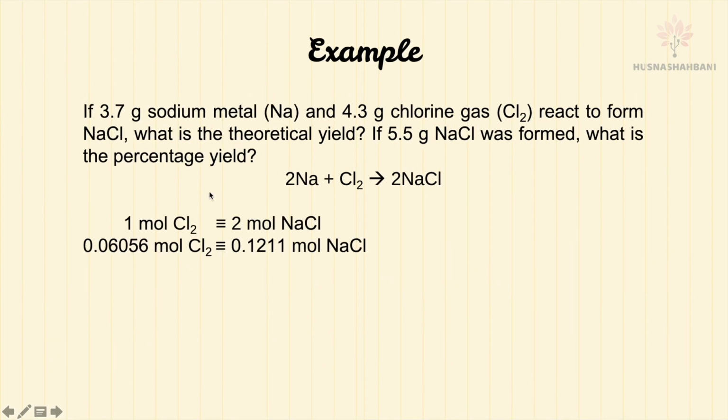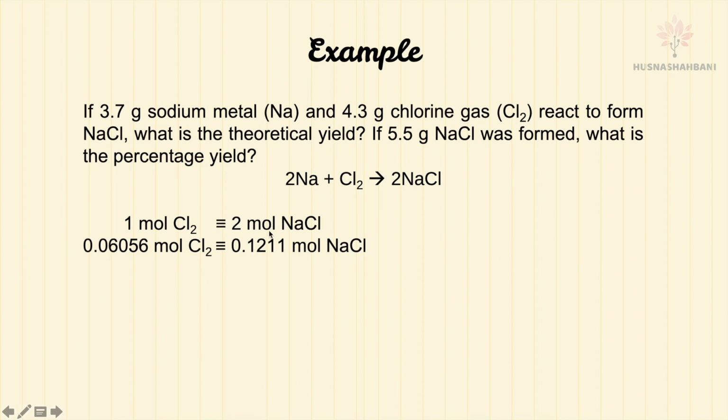Now we use the actual number of moles of chlorine, 0.06056 mole of chlorine, equivalent to 0.1211 mole of sodium chloride. We must compare with chlorine because chlorine is the limiting reactant. Since we want the theoretical yield, we want to identify the mass of the product.